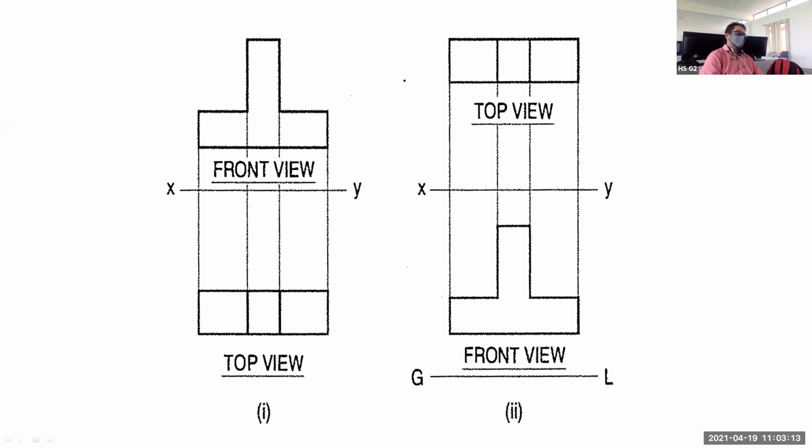Here you can see, if I draw a line in between these two figures, now on the left hand side you have something and on the right hand side you have something.